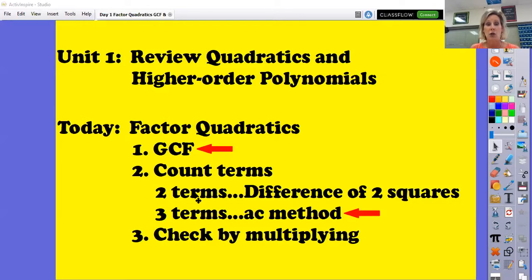So if you count the terms and it's a quadratic with two terms, your only option is to factor it as a difference of two squares. If there's three terms, your option is to factor it using the AC method. Today, we're going to work on factoring out a GCF and factoring the AC method. And don't forget, anytime you factor, you can check your work by multiplying.